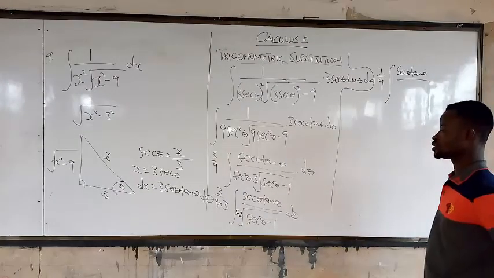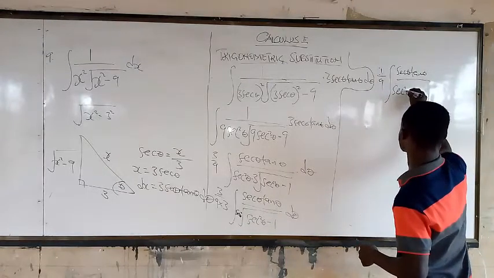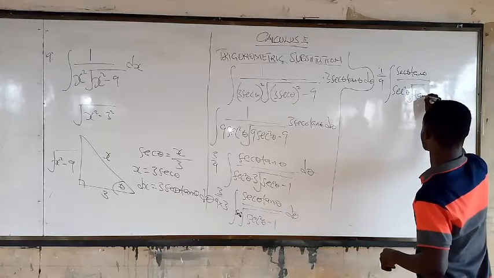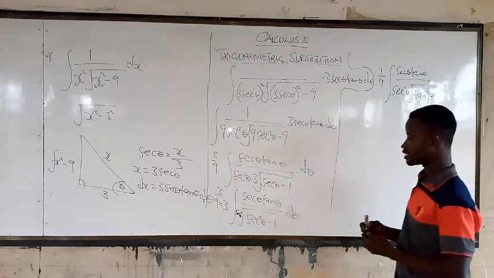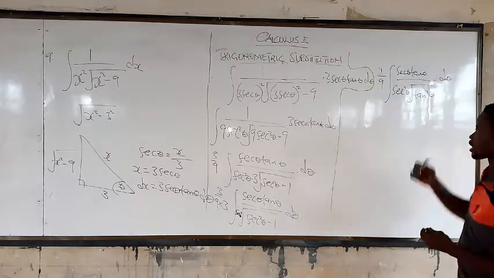That is going to be tan square. So we get sec square theta square root of tan square theta. The inside here is tan square d theta.